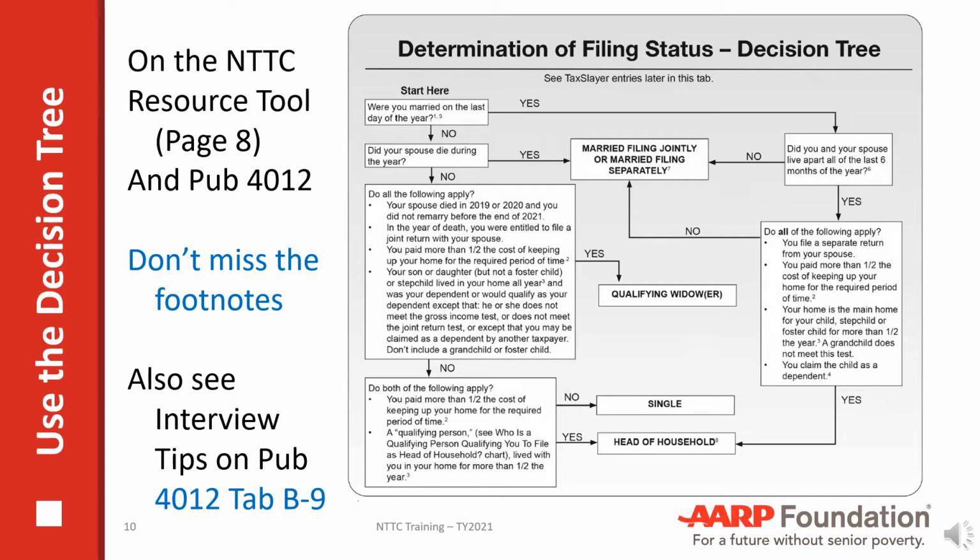So as you go through the flowchart, when you see one of these superscripts, you need to go down to the bottom of that page and look up what number 1 is, or what number 2 is, or what number 3 is. And you need to read that carefully, because you can easily make a mistake and make the wrong filing status determination because you did not read the footnote. So the footnote's extremely important, and we have to really stress that point. You have to read those footnotes, otherwise you'll get it wrong.